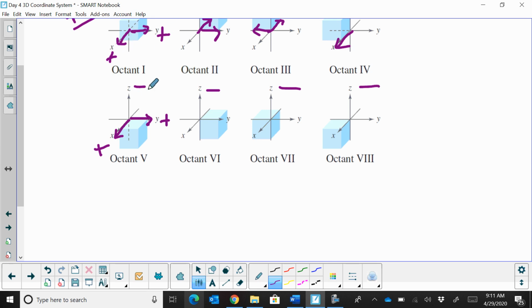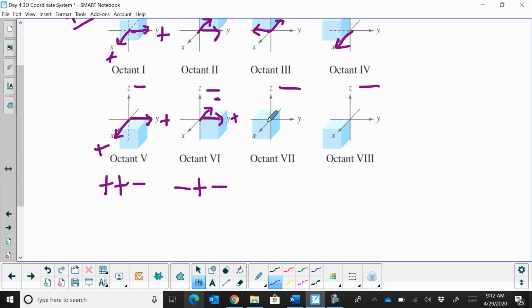So the only thing that's going to change is the z coordinate. So this is positive, positive, negative. For the second one, it's just below the second octant. So x is negative, y is positive, and z is negative. So it's negative, positive, negative.